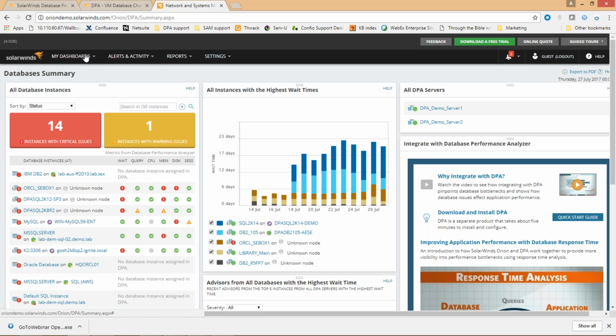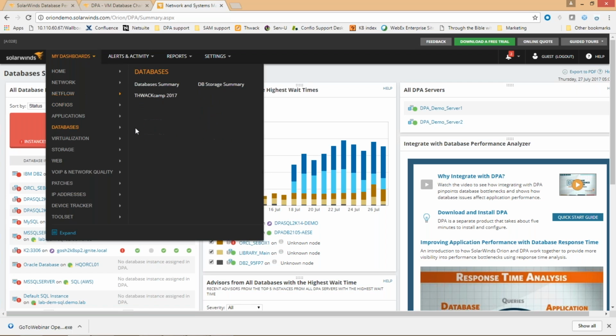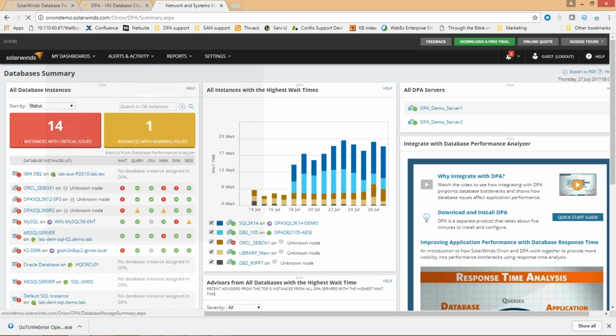I know we're a little bit short on time here, so I'll try to speed this up a little bit. We integrate with SRM. If anybody has the storage manager out there, I can get this kind of visibility in here, and hopefully this will respond quickly. It's going to show a mapping of my dependencies, right? I've got these database instances, I know I'm monitoring them.